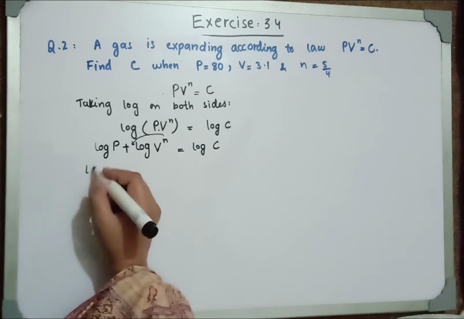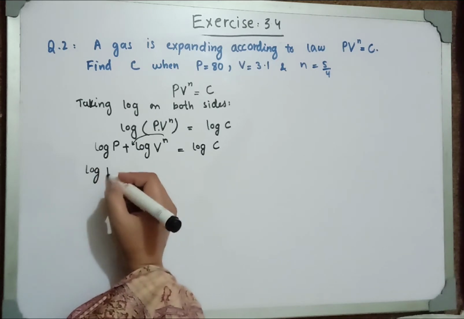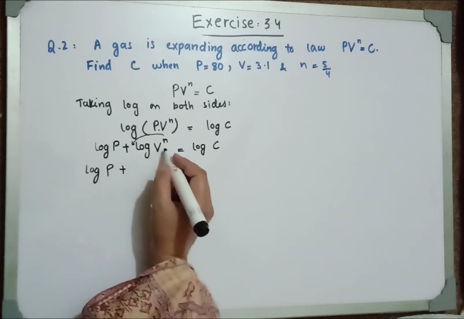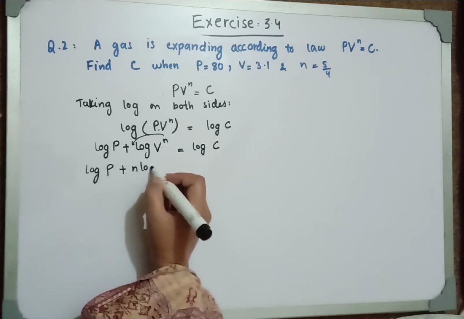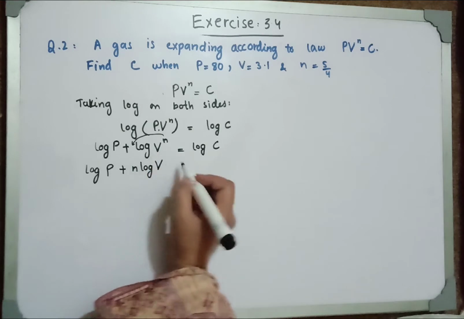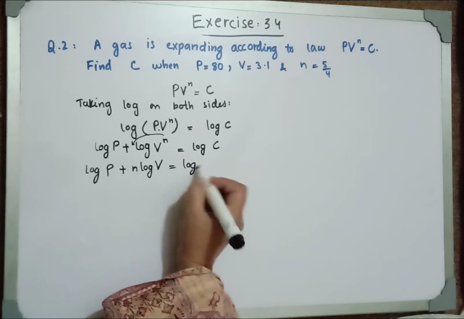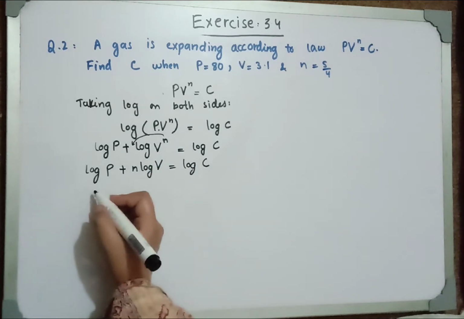So log of P will remain as it is, plus now n will come at the beginning, log of V is equal to log of C.